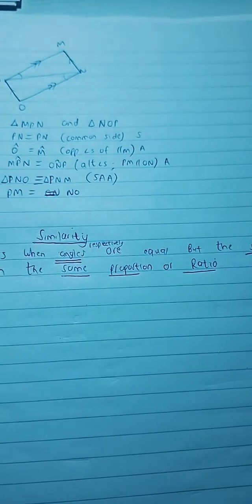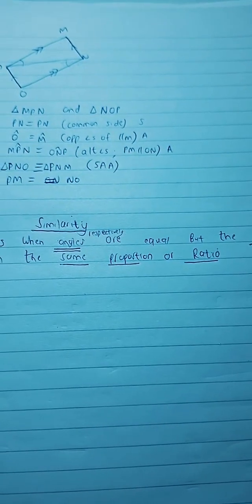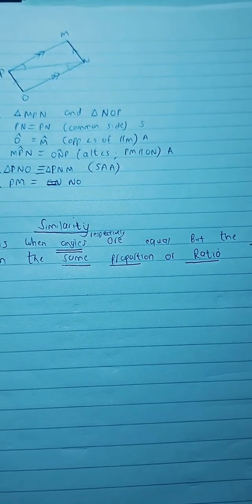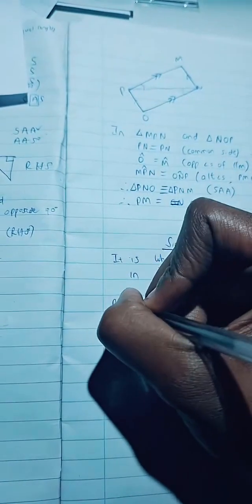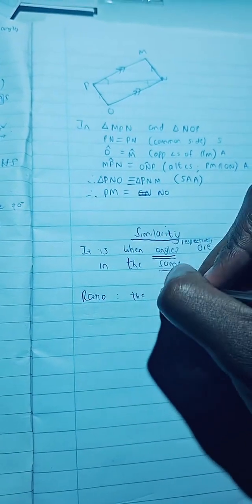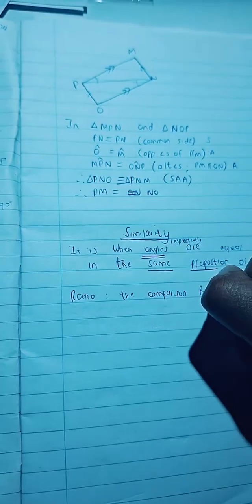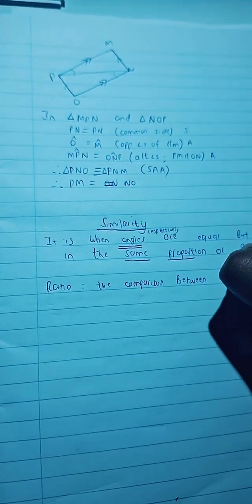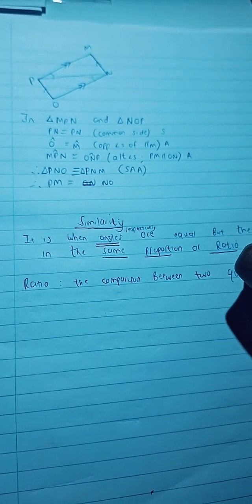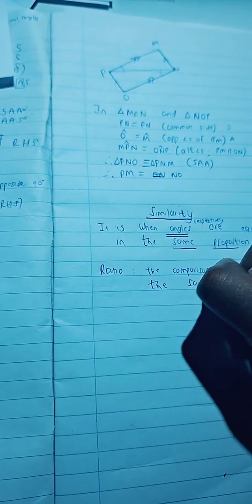And when you speak about ratio, you define ratio as the comparison between two quantities. I'm going to write down this definition. Ratio is the comparison between two quantities of the same type.